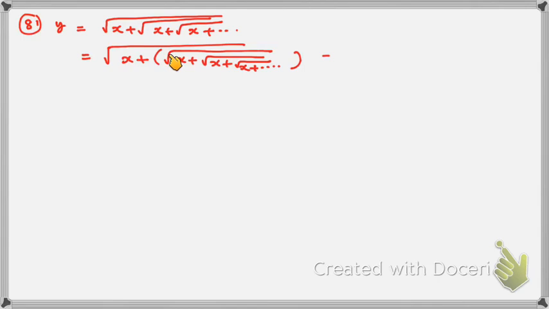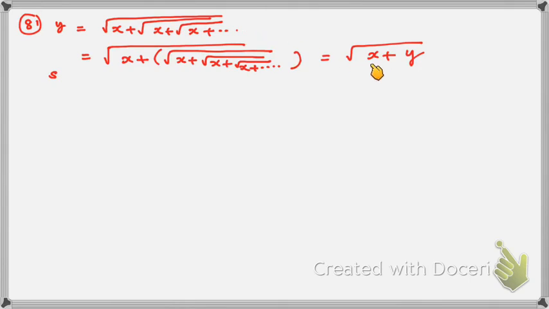And what is its value? Its value is y. So can't I say that this whole thing which I am supposed to write inside this bracket is y? So if I replace it by y, it will look like root of x plus y.